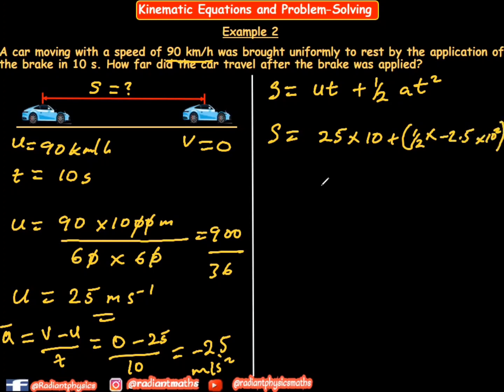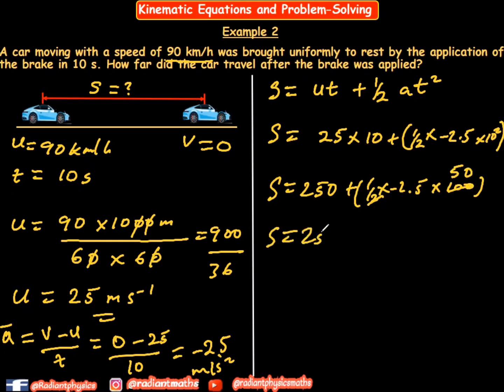We bracket everything. So S equals 25 times 10, which is 250, plus 1 over 2 multiplied by minus 2.5 times 10 squared, which is 100. The 2 and the 100 cancel to give 50.